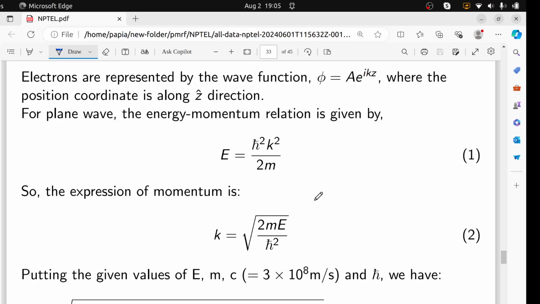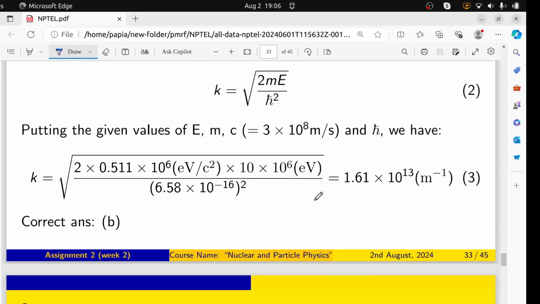Now putting the given values of E, m, c and h bar. Actually they were talking about an electron, so the mass of the particle will be the electron mass. So here if I put the value of m as 0.511 MeV, that is also fine. And c is 3 times 10 to the power 8 meter per second. Why is c needed here?